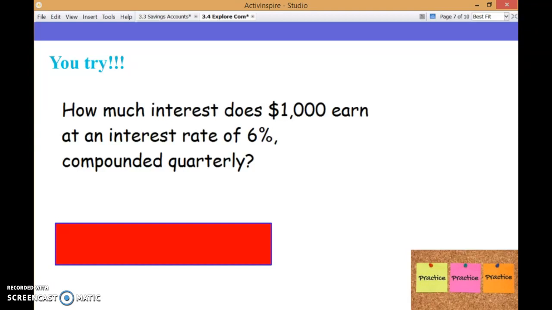So again, I'm going to use my formula. I equals PRT, interest equals principal times rate times time. My principal here is $1,000 times my rate, which is 0.06, and times my time. So if it's compounded quarterly, again, we said quarterly was every 3 months.